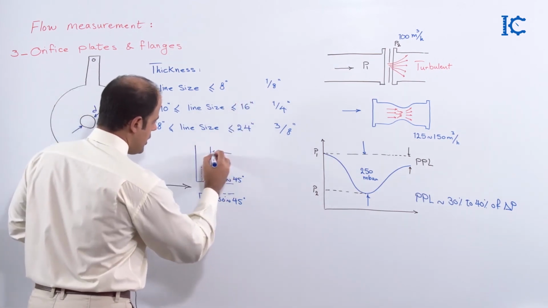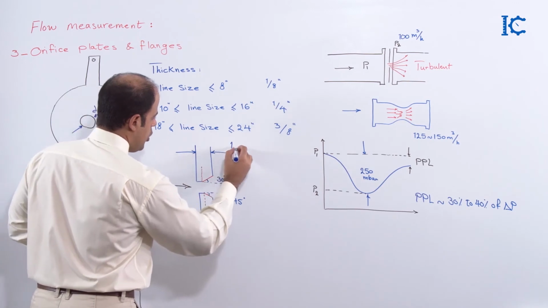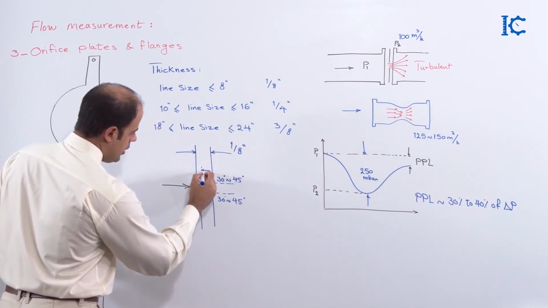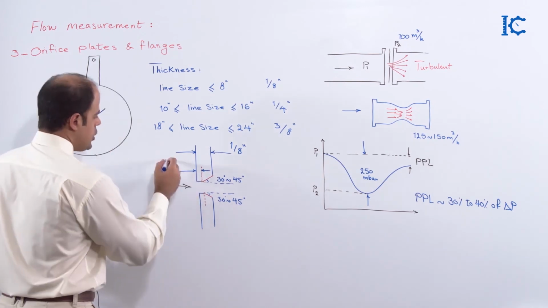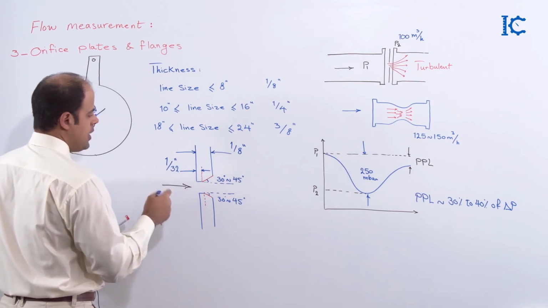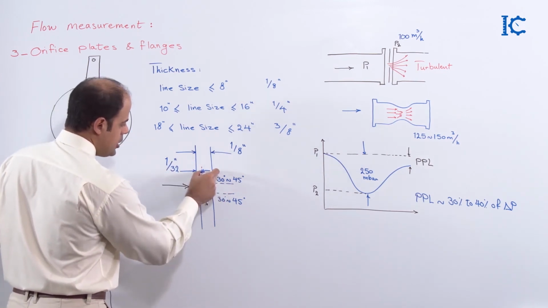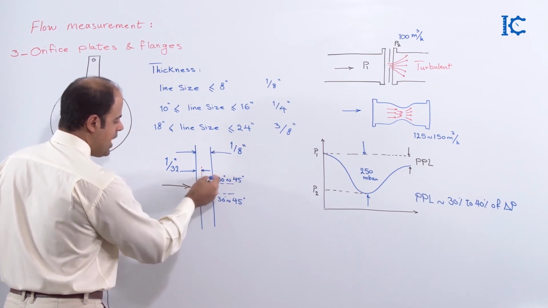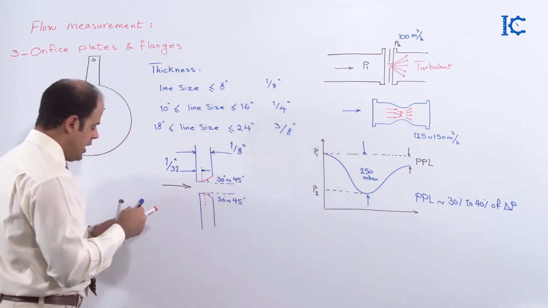So this thickness right now is 1/8 inches. Here, this part is 1/32 inches, and after that, this is the part that we should make conic shape.